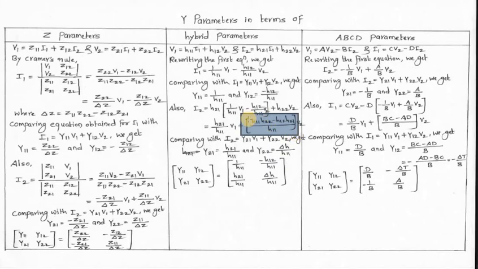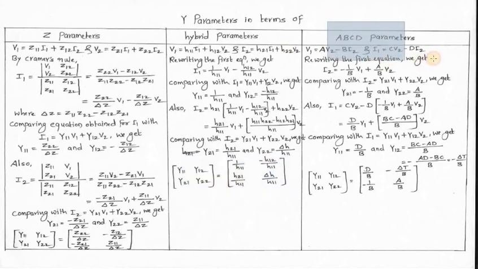Here the term in the numerator, which is h11 h22 minus h12 h21, can be represented as delta h. So by writing all these values, I get a matrix representation wherein a relationship between y parameters and h parameters can be written.